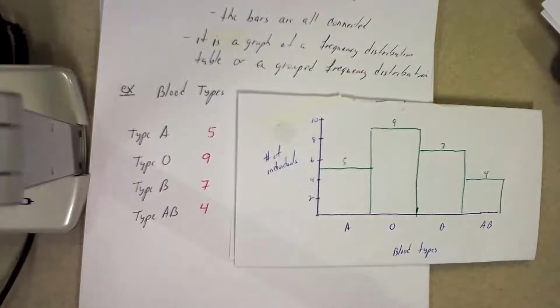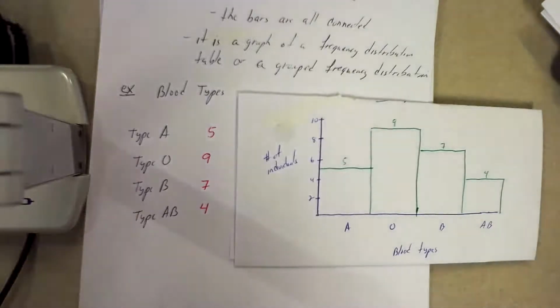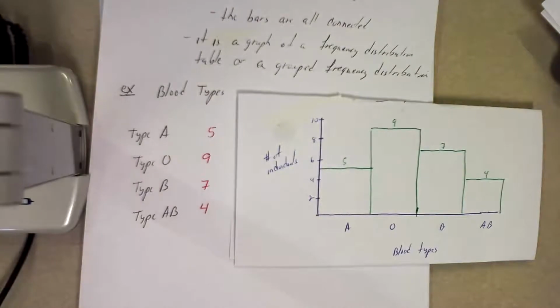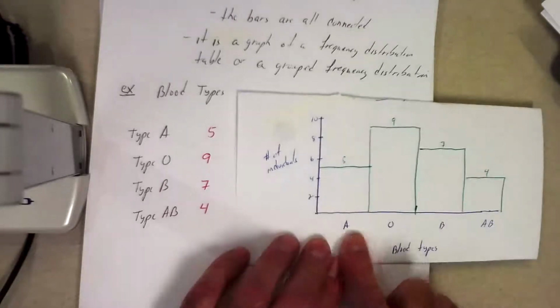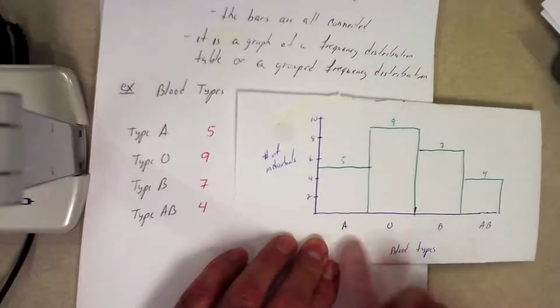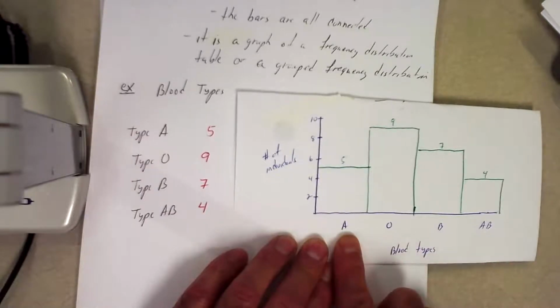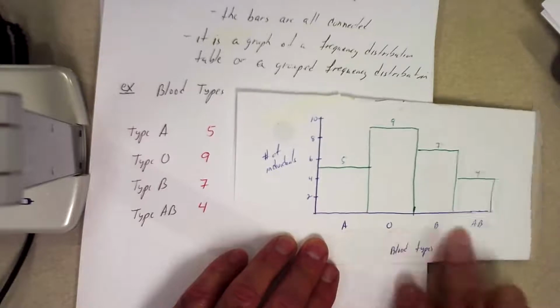Now, if you're going to use software like Excel or StatDisk, StatDisk will not be able to do a frequency distribution table, right? You can't do labels. These are qualitative data. They're labels.